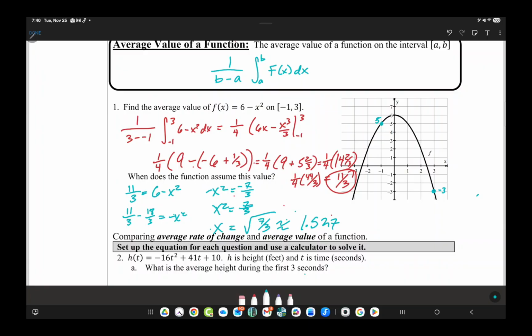Again, it would be the same over here, positive and negative, but I'm not worried about the negative because my interval stops right here. So at 1.527, we get 11 over 3.